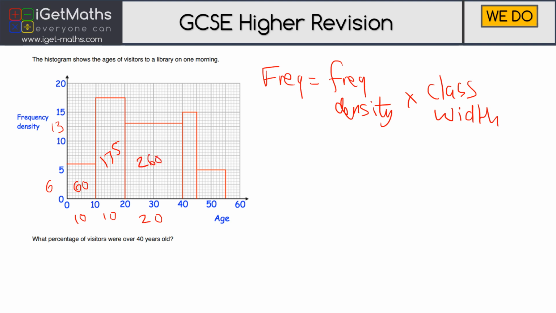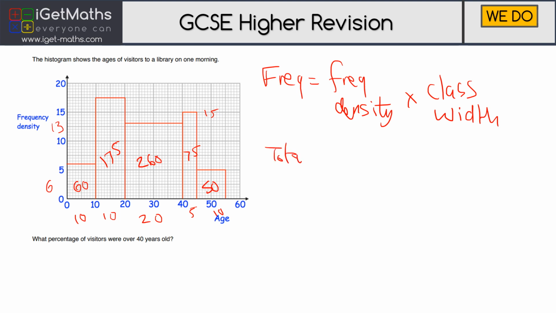And then this one is 40 to 45, so that's 5 wide times 15. So 5 times 15 gives us 75 for this bar. And then the last bar goes from 45 to 55, so that's still 10 wide, and it goes up to 5, so 10 times 5 is quite simply 50. And then we're going to get the total.